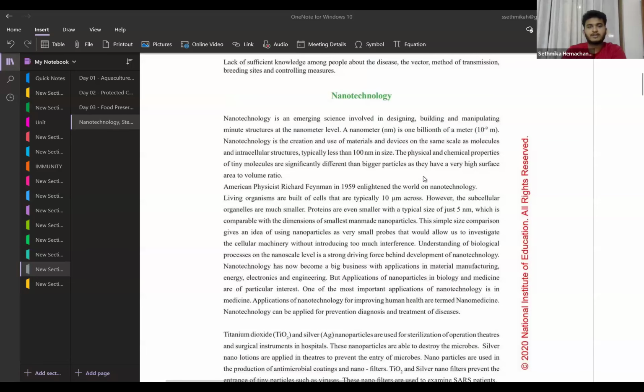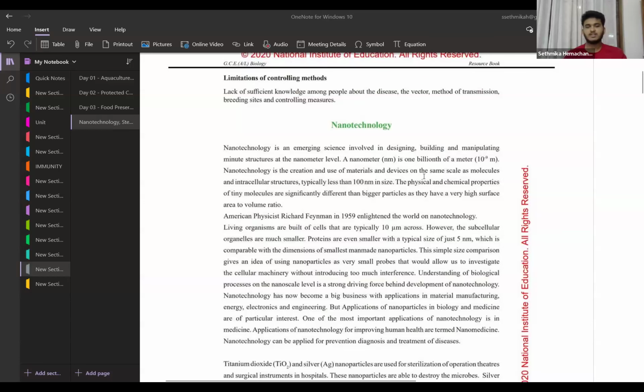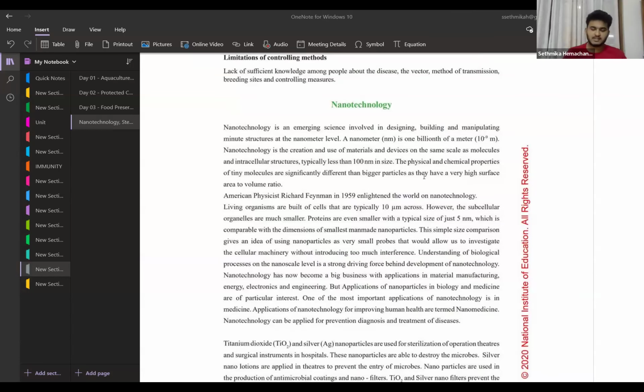Right. Nanotechnology. From the word itself, you get the idea what it is. Nanotechnology is basically a technology where very small particles are used. You might have heard of nanotechnology, but the most common thing you might have heard of is carbon nanofibers.